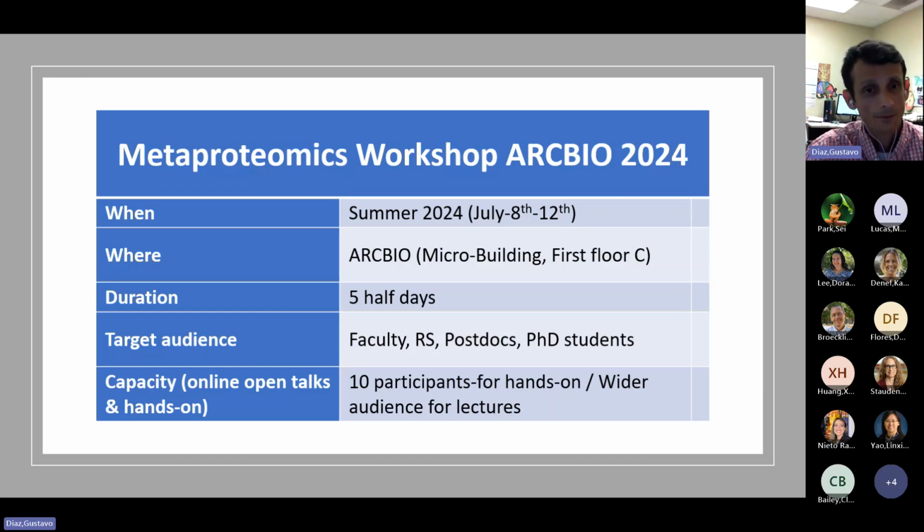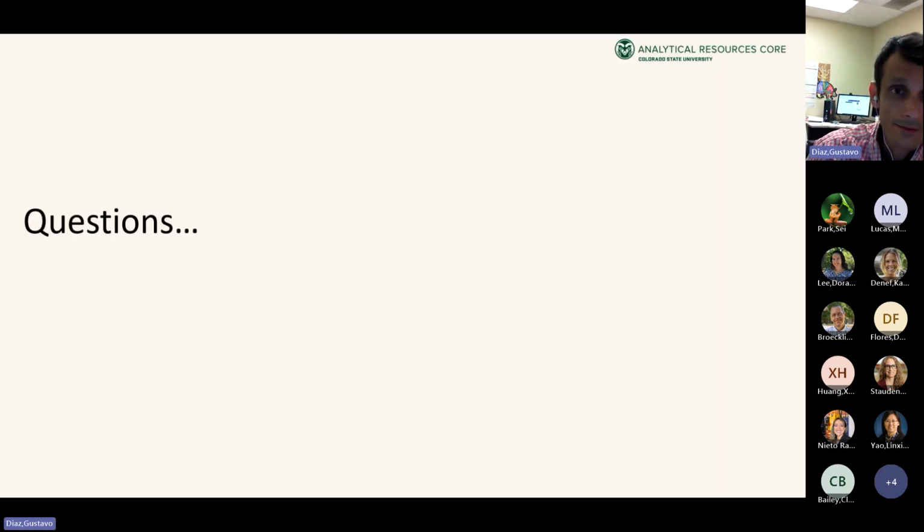Also, we're going to have some remote sessions. The target audience is faculty, research scientists, postdocs, and PhD students, and we have capacity for more or less 10 participants for hands-on experiments, and there will be wider space for lectures that will be given by remote strategies. So with that, we'll be open to some questions or comments.